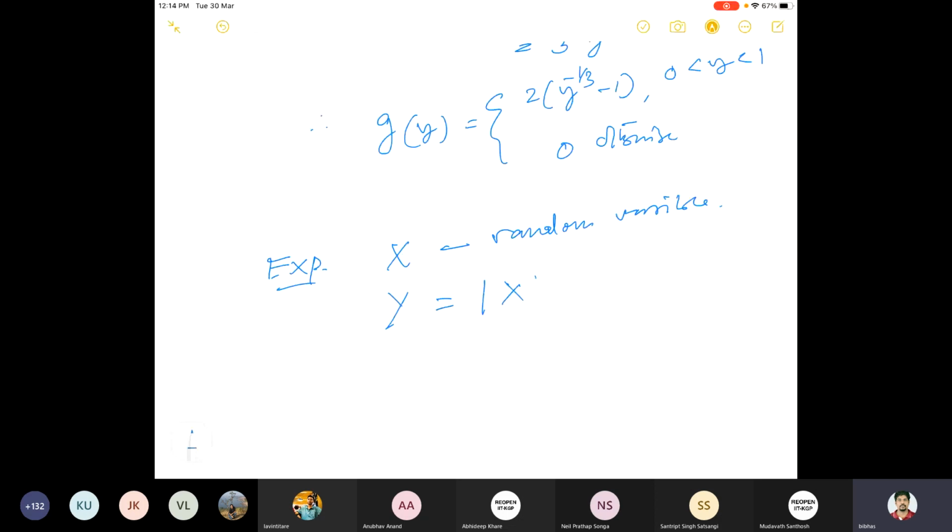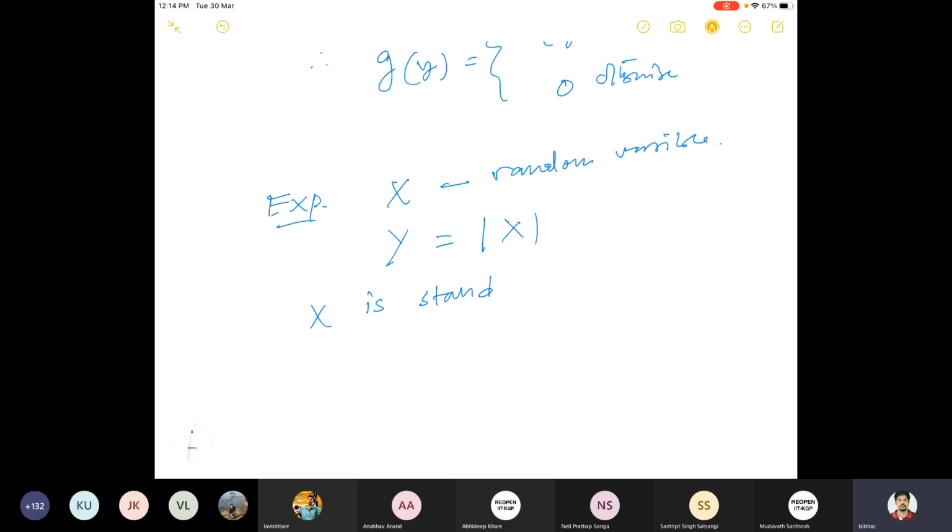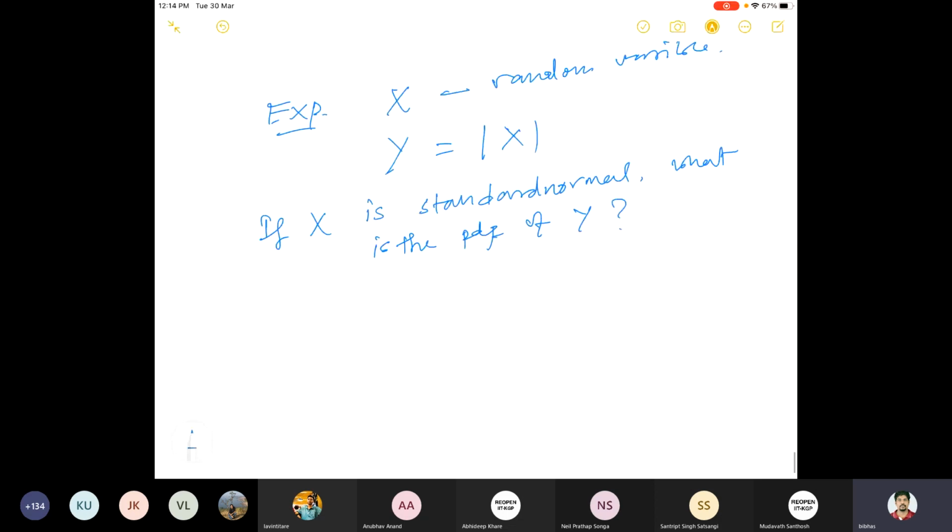Specifically, we can pick a particular random variable X, let's say X is standard normal, and the question will be, if X is standard normal, then what is the PDF of Y? So in general, let us find it out, and then we'll see what happens if X is standard normal.